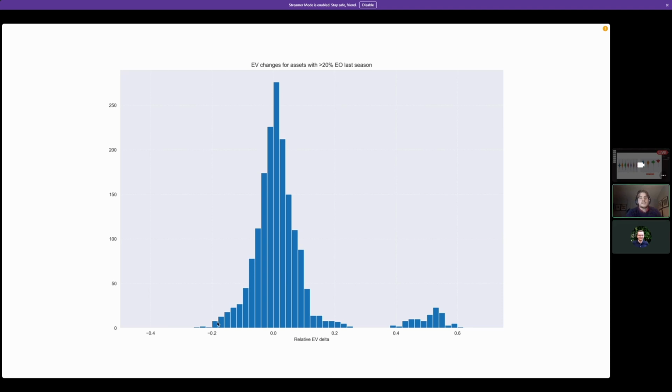So for example, when the values are down here at around minus 0.2, that means the amount of EV has gone down by about 20%. It's also worth mentioning that I've adjusted these linearly by the amount of xMins as well. So assuming they've got the same amount of xMins, these ones down here have decreased by about 20%, whereas these ones have increased by about 20%, and these ones in the middle have stayed the same.